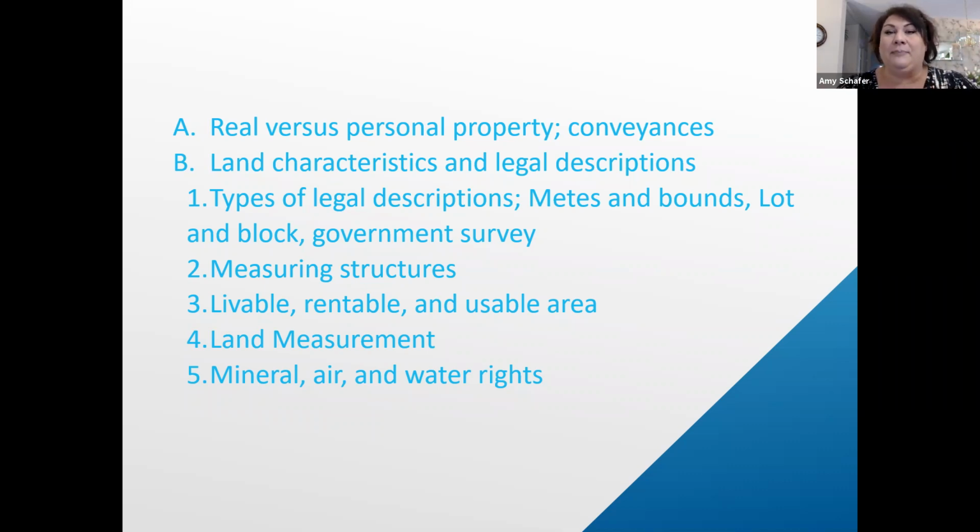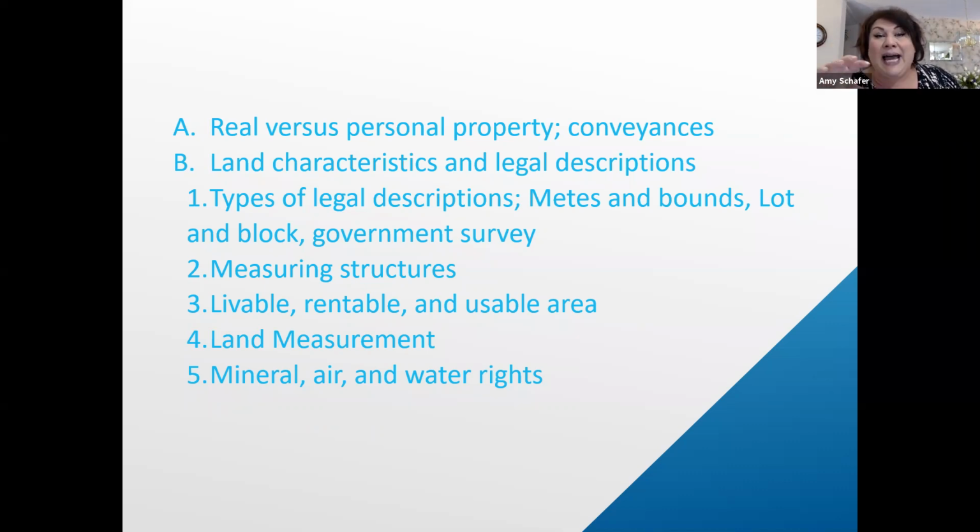Okay, very common. Then really it moves in the third phase of the lot and block method of legal descriptions. And this is what probably most of us who have been dealing with legal descriptions in our real estate careers already are probably most familiar with. And this is the art of the recorded plat map.